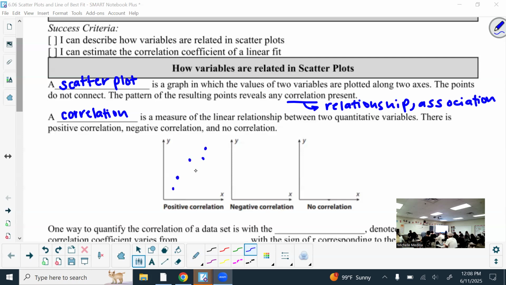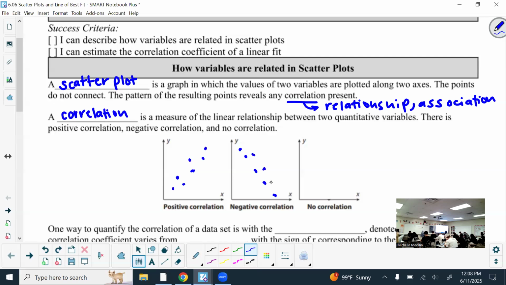This would be an example of a positive correlation. Why? Because it's going up from left to right, like how you read. Kind of like our slope. If our slope is going up, the line is going up, then it's a positive slope. So the correlation goes with that. Then if it's a negative correlation, it's going to be going downward.